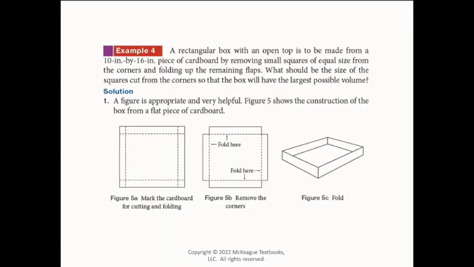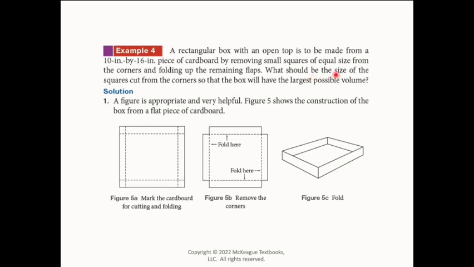We have one last problem to go over, and in this example, we are going to create an open top box using a piece of cardboard that is 10 inches by 16 inches. The question is asking us to remove small squares of equal size from the corners and then fold up the remaining flaps that would create the box.